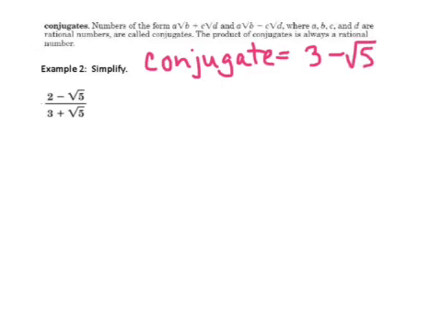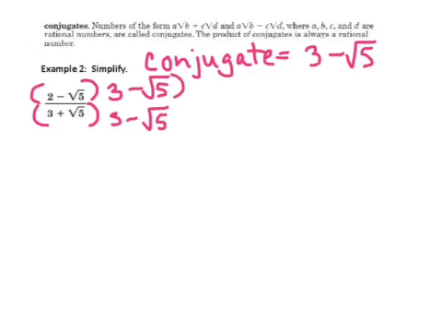So let's multiply the numerator and the denominator by 3 minus root 5. But wrap parentheses around it so that we remember to distribute or FOIL. In this case, since the numerator happens to be a binomial as well, we're going to FOIL both the numerator and the denominator. So let's do our work in the next step.